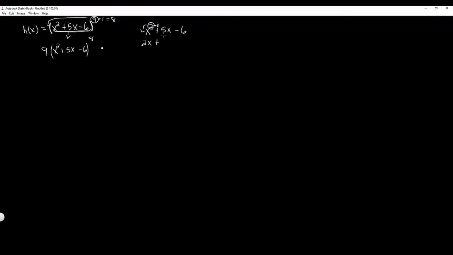Plus 5x, if you remember, is just 5, since it's 5 times a variable raised to the first power, and the derivative of a constant is just 0. So the derivative of x squared plus 5x minus 6 is 2x plus 5. So we can multiply this by 2x plus 5. And that is the answer to this problem.